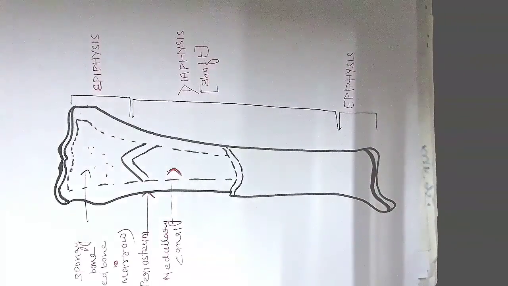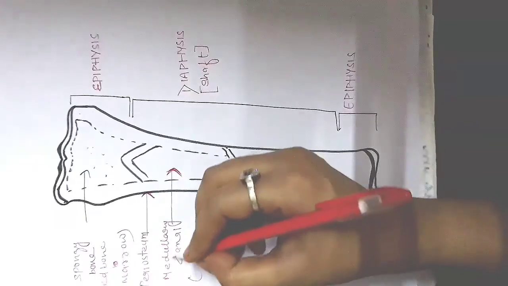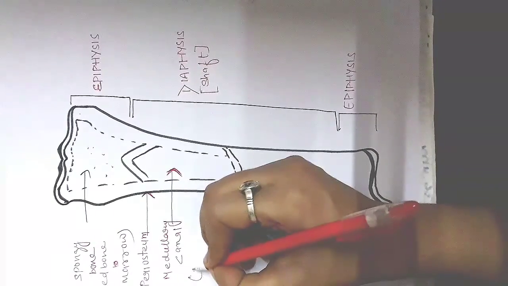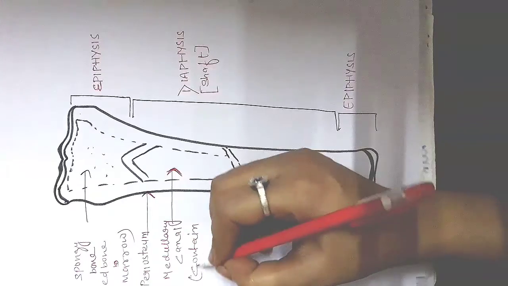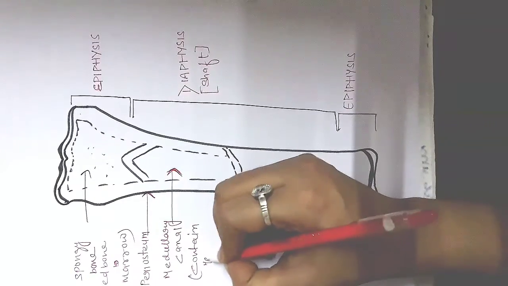It is yellow in color, so it is called yellow bone marrow.